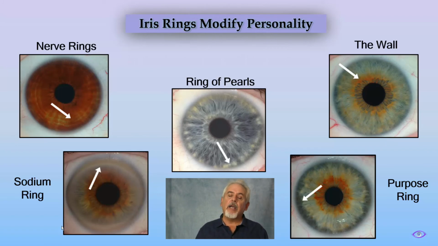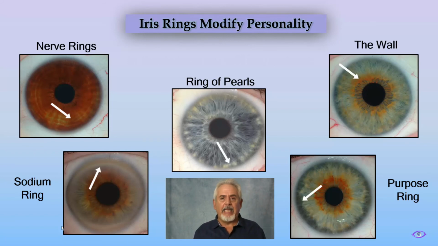Rings are kind of similar to iris positions. They're a great way to get instant rapport with someone. So if you look in their eyes and you see one of these rings or you see an iris position, you can go in and talk about those very specifically, even before you've identified thinking or emotional or their social type or any of the work that we've gone through up to this point.